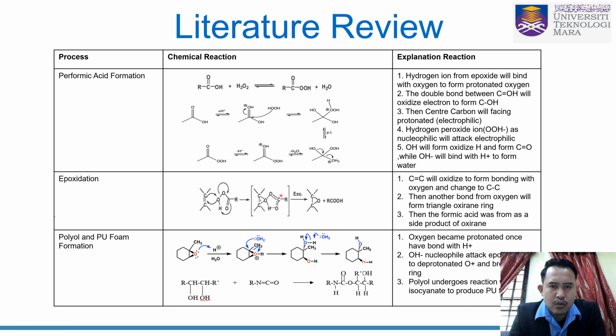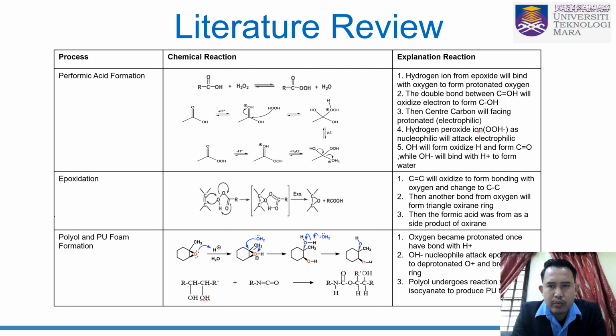Okay, so this is our literature review. It starts with the performic acid formation, how the performic acid is formed. First, the hydrogen ion will bind together with the oxygen to form the protonated oxygen. Second, the double bond C=O will be oxidized to form the C-OH.